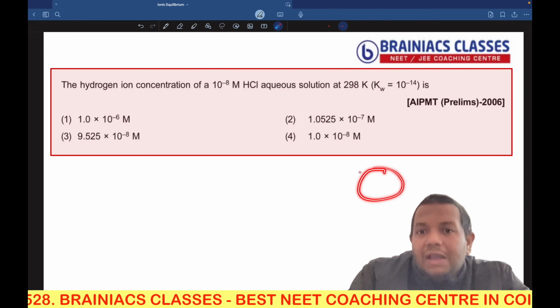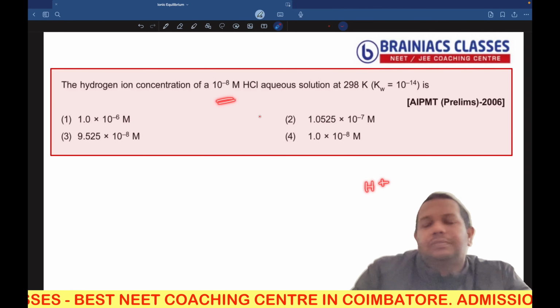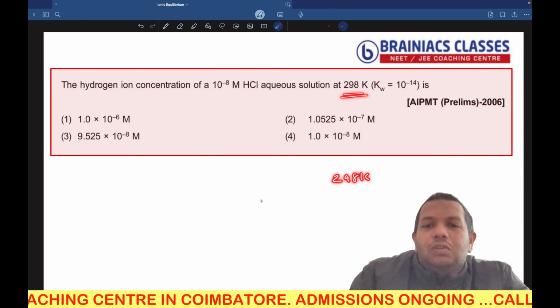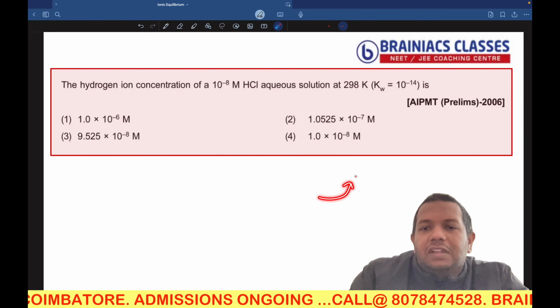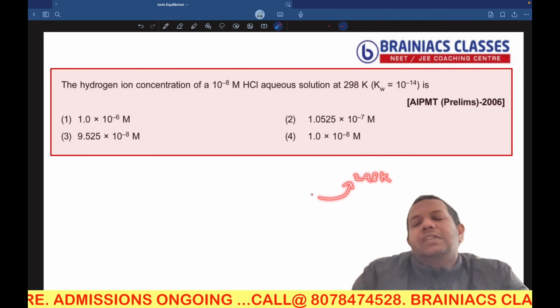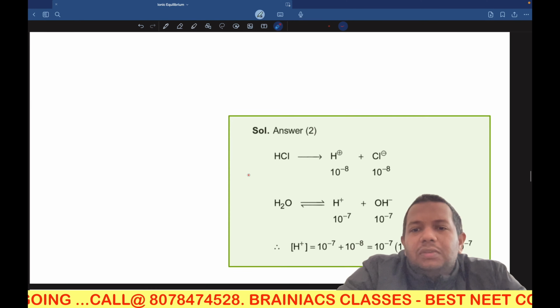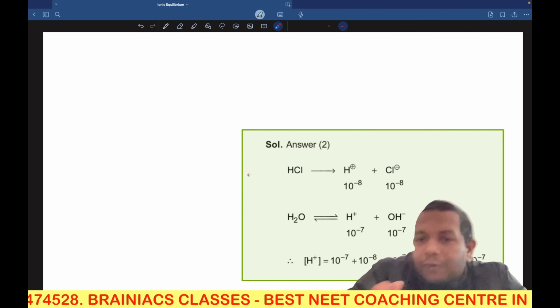That means water is giving sufficient H plus compared to this particular stuff. Second, 298 Kelvin is mentioned because water will give 10 power minus 7 moles of H plus only at this particular temperature. So that's why we need to consider water here. Let me showcase you the answer, then we will switch to different types of questions.